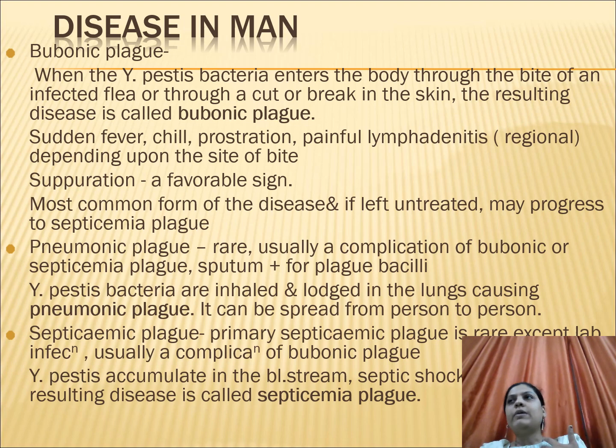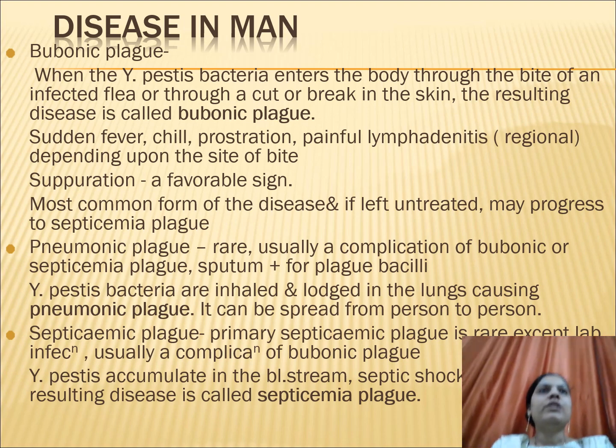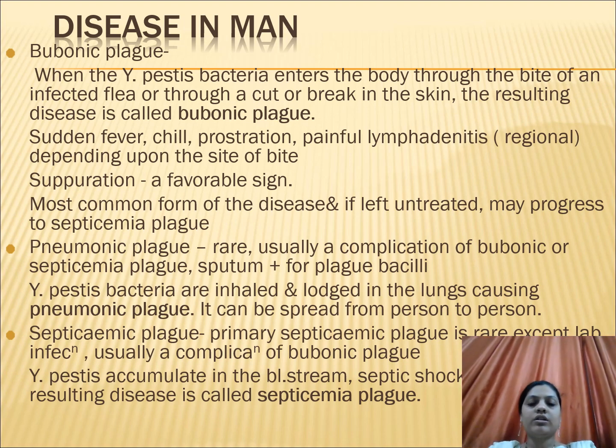So in the early part of the outbreak, the disease is not spreading from human to human. But later on, as more and more cases of pneumonic plague occur, there is human to human spread.